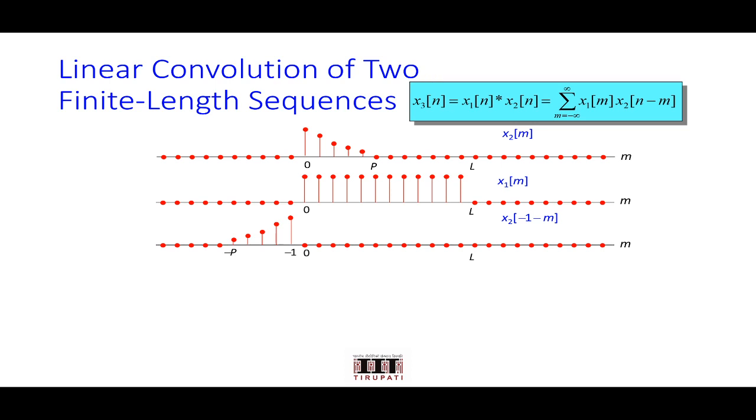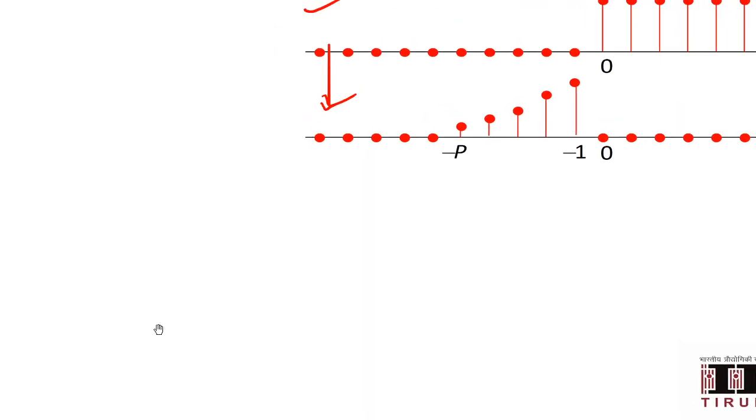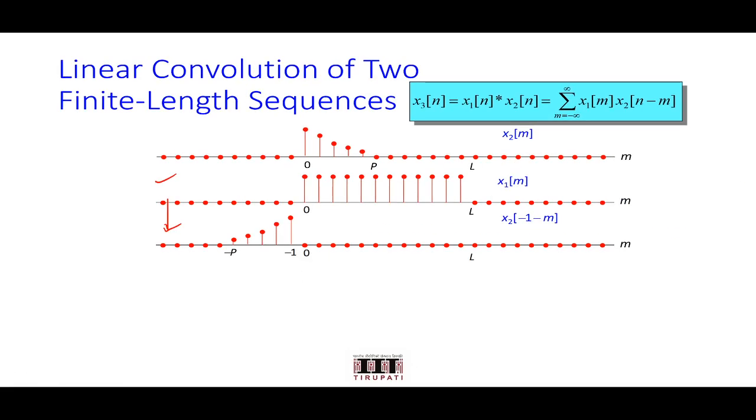The third sequence here is the one showing the flipped version, and you can notice that this convolution would be non-zero only when there is an overlap between this and this. To calculate it at different points, you would in fact be shifting this. That's what you would be doing there.